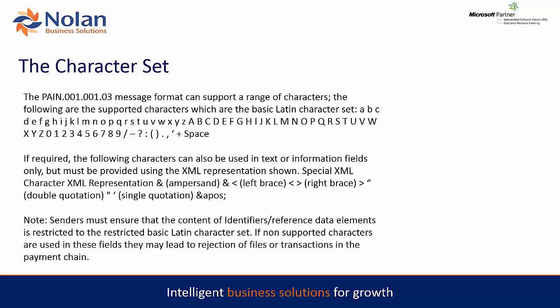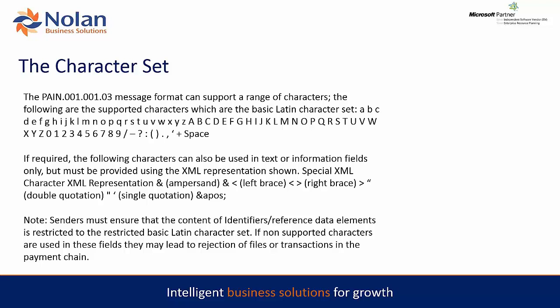But at the bottom of the note, the senders, as in if your company is sending a SEPA formatted file, must ensure that the contents are restricted to the basic Latin character set.